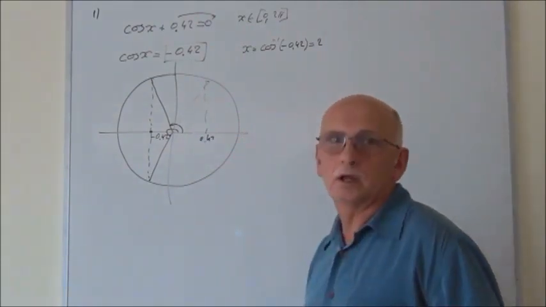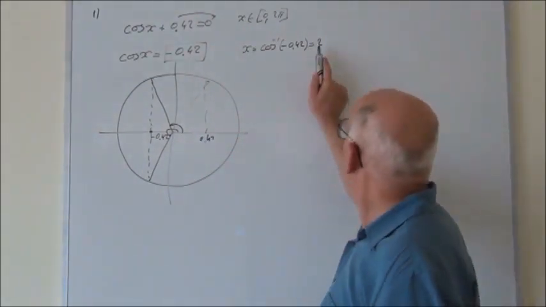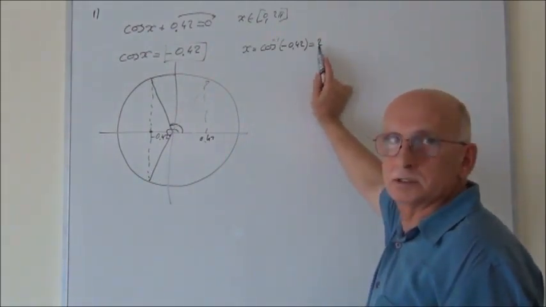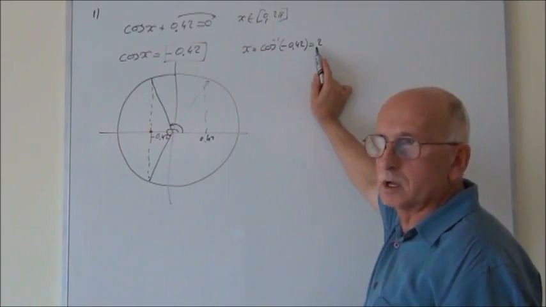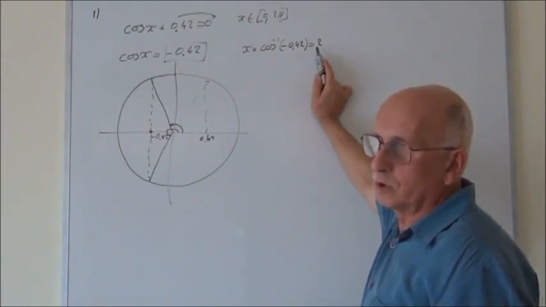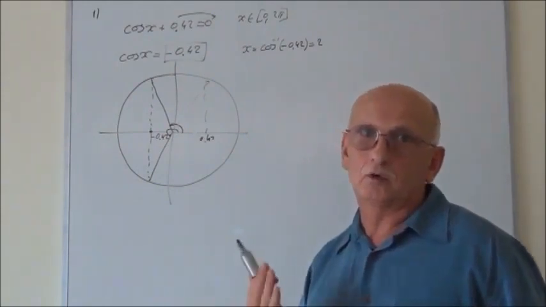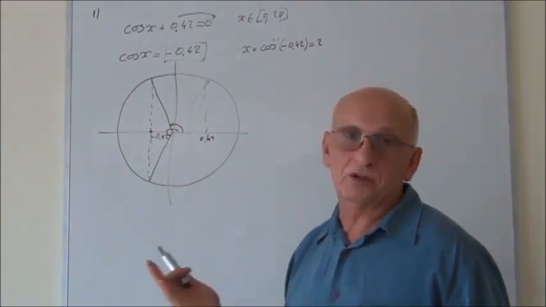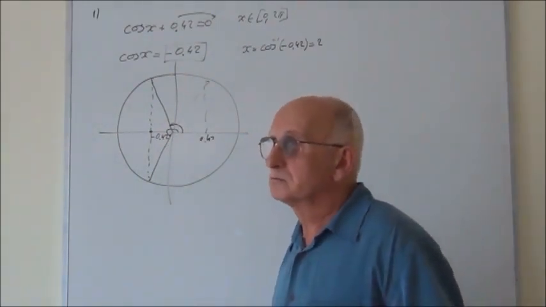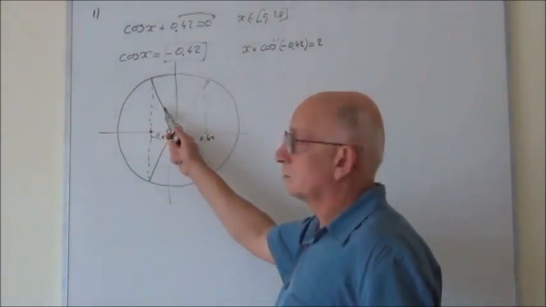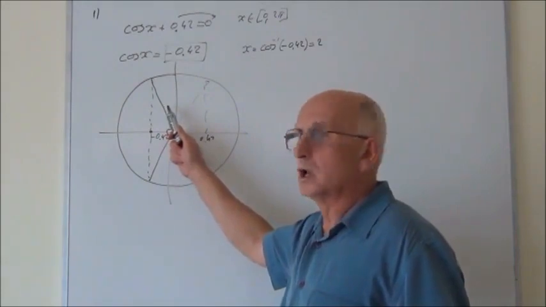That's why I said, if your calculator gives you 2 radians, which is around 115, maybe less than 120 degrees, then definitely you are in this quadrant here.